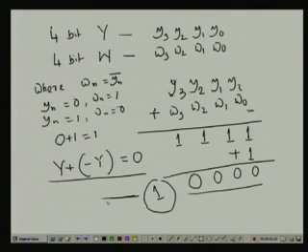Then, see that this all 1, if I now define in this way, for a 4-bit number, this all 1 is actually 2 to the power 4 minus 1.